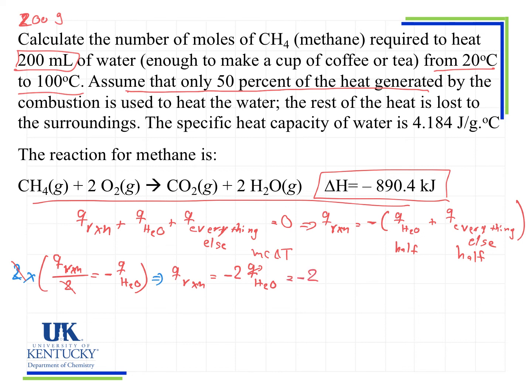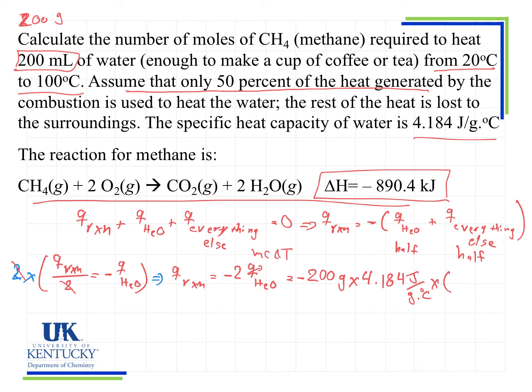So negative 2 times the mass of water, which is 200 milliliter, and that's 200 gram. So 200 gram of water times the C of the water is right here, 4.184 joule per gram per degree Celsius times the delta T.